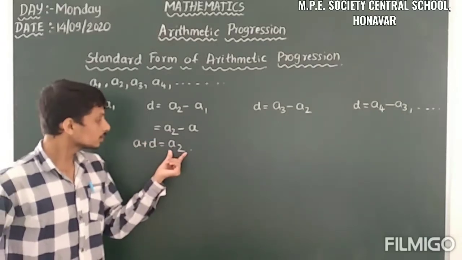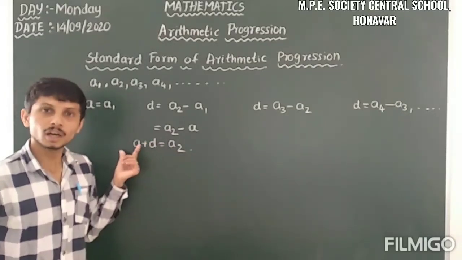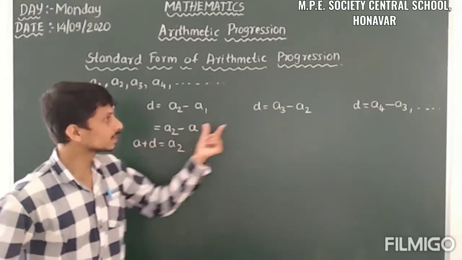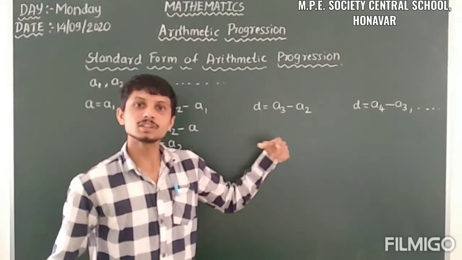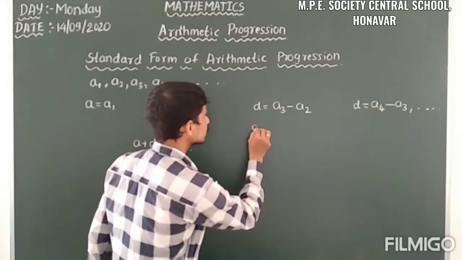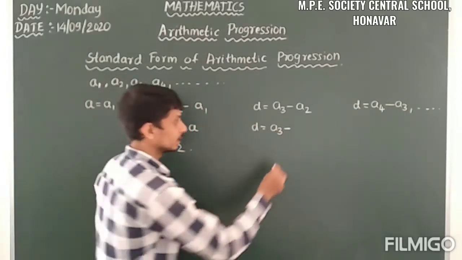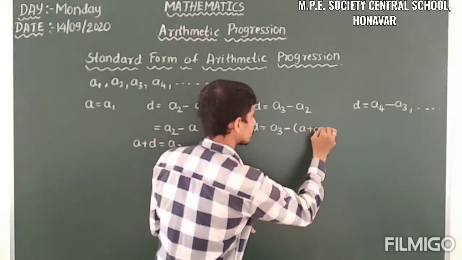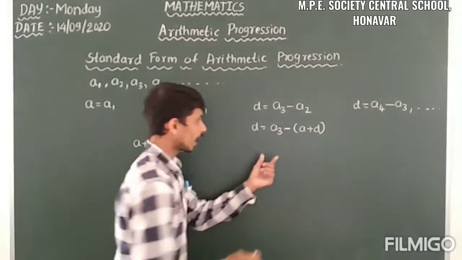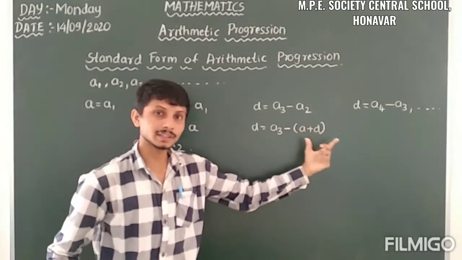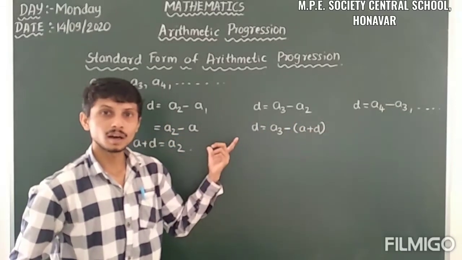So A2 is equal to A plus D. I will substitute A2 is equal to A plus D in this equation. That is D is equal to A3 minus of A plus D. Here I will transpose this complete minus of A plus D to the LHS side.